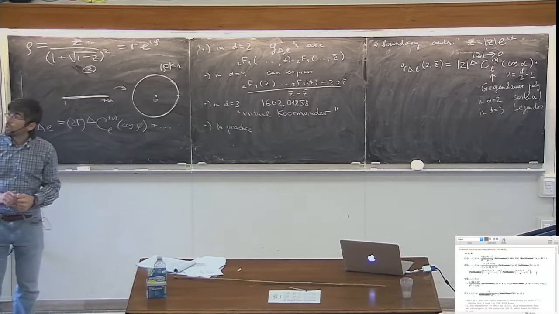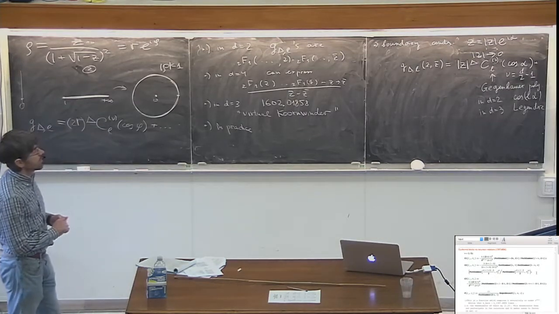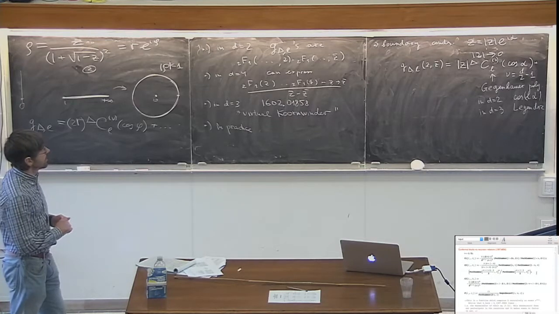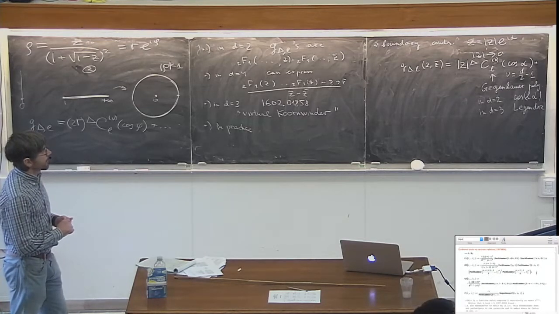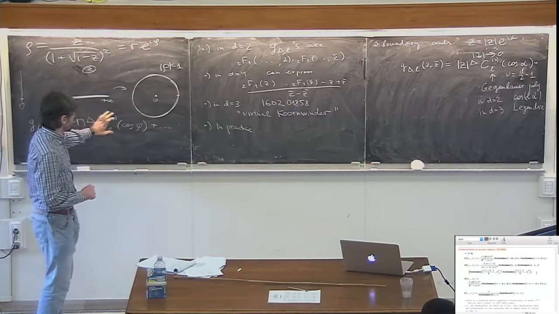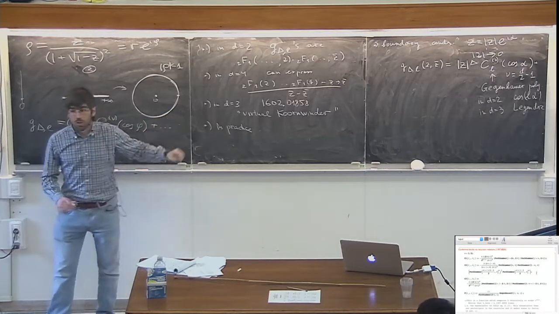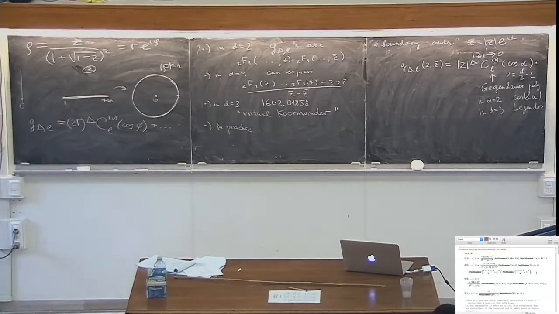And to finish, I wanted to show you a few plots. I'm not going to explain how we generate these subleading terms. One way to generate them would be to take this expansion and stick it into the Casimir differential equation, and then solve it order by order.